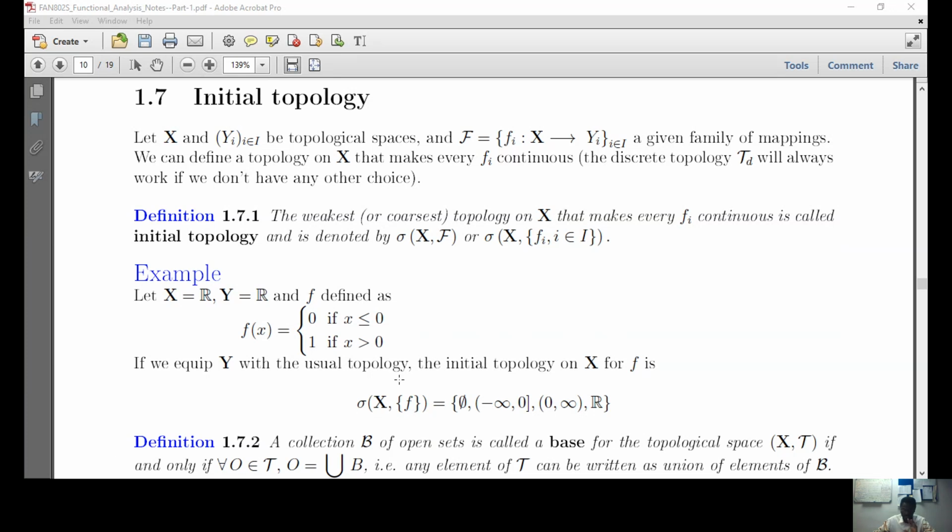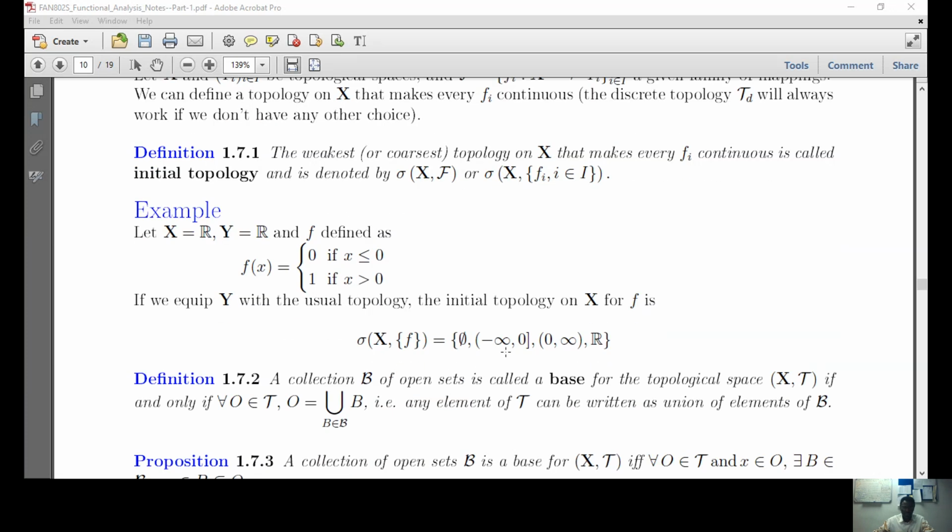So that initial topology will be given by this. The open sets for that topology will be the empty set, the interval open at infinity, closed at 1, the open interval from 0 to infinity, and R itself, because a topology has to contain the empty set and R. Okay, so this will be that initial topology.